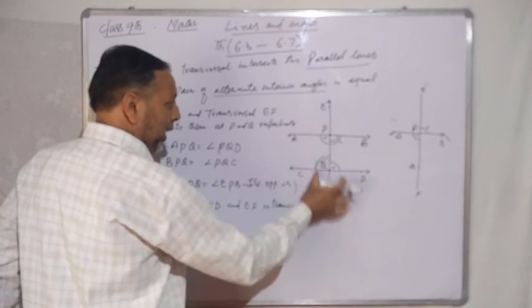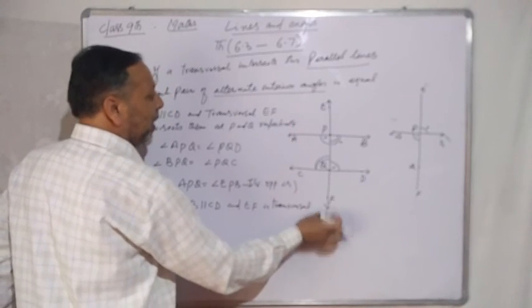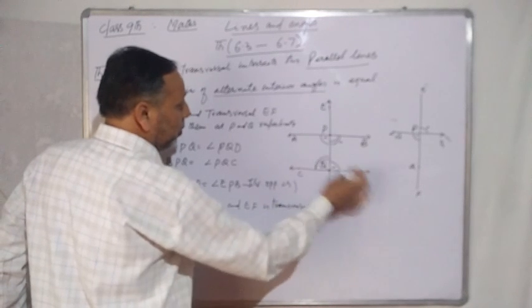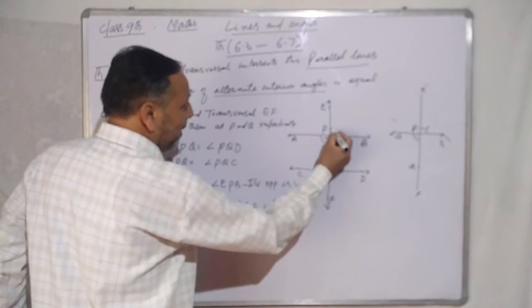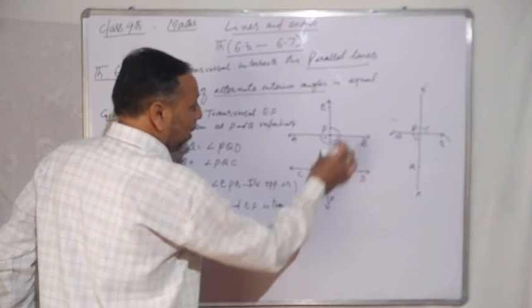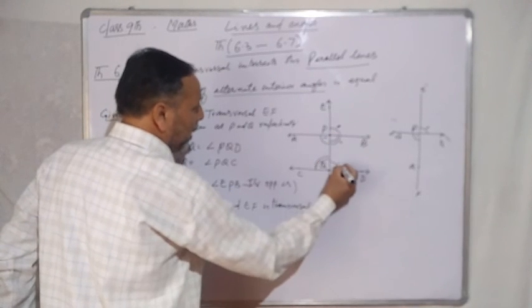यानी जब दो पैरेलल लाइंस को एक ट्रांसवर्सल इंटरसेक्ट कर रहा है तब कॉरेस्पॉन्डिंग एंगल्स इक्वल बनते हैं. तो यहाँ जब AB is parallel to CD and EF is transversal, that means this angle EPB is equal to angle PQD. These are corresponding angles. ये एंगल और ये एंगल ये बराबर होंगे.